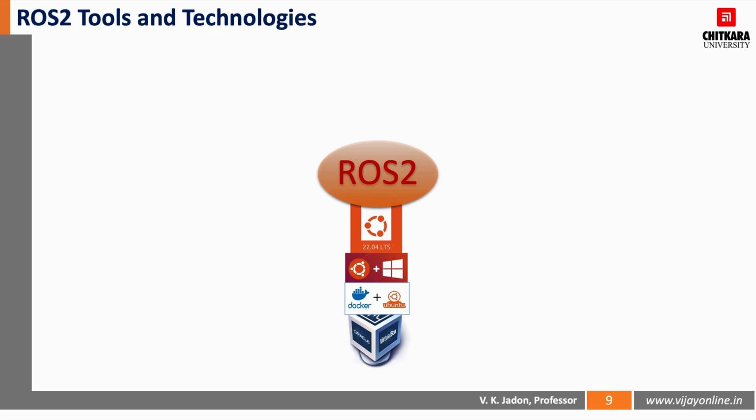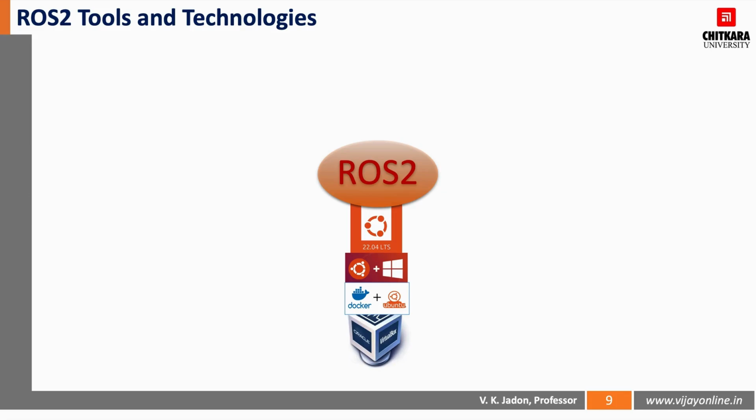If we want to use GUI applications such as Gazebo and RViz, it is not recommended to run ROS2 on a virtual machine or Docker image. So I highly recommend that we use a dedicated Ubuntu machine or, at most, a dual boot system.